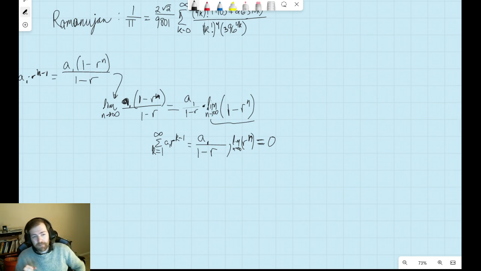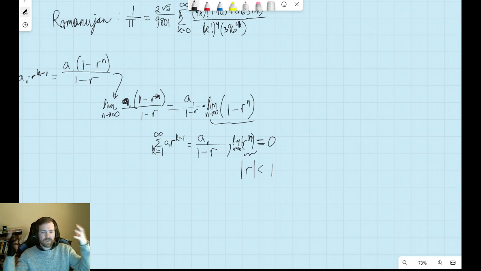But here's the crazy thing. Within the context of quantum mechanics, this works. And it doesn't matter. The way this only works in mathematics is that the absolute value of r needs to be less than 1.